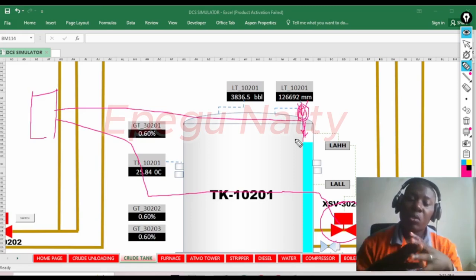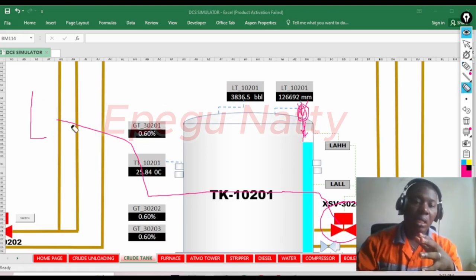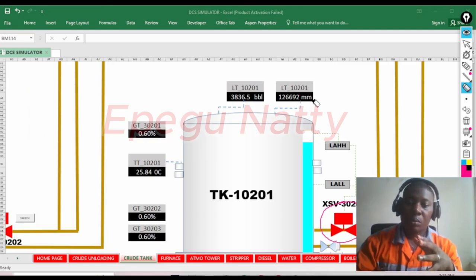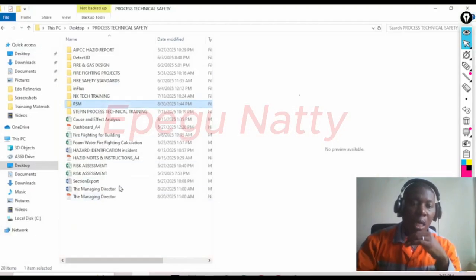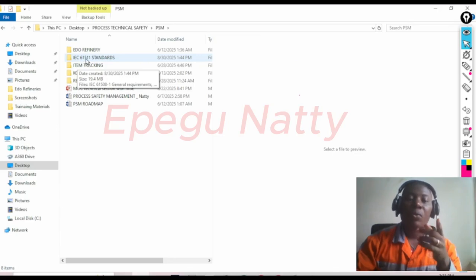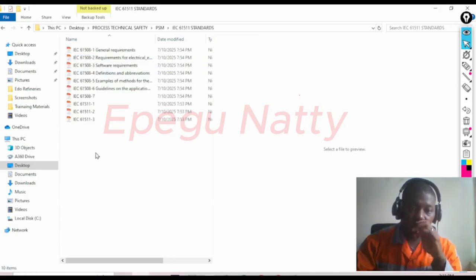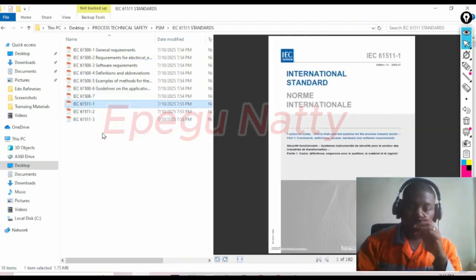Now if you want to get more information about the SIF and the SIS, let me show you. You can download these documents, the IEC 61511 standards. Here we have 3 parts: part 1, part 2, part 3.